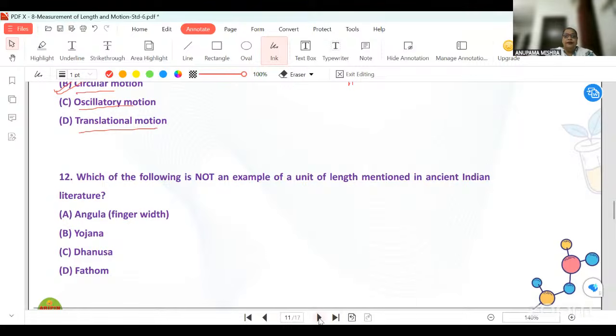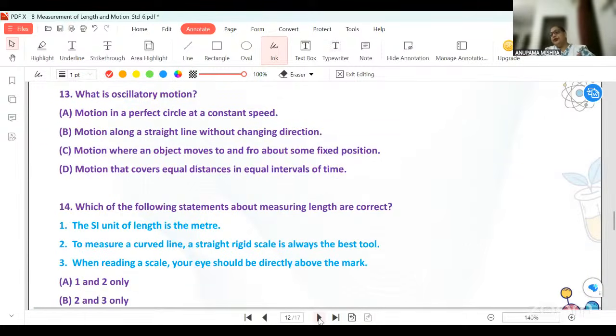Next one. What is oscillatory motion? Motion in a perfect circle at a constant speed. Motion along a straight line without changing direction. Motion where an object moves to and fro about some fixed position. Motion that covers equal distances in equal intervals of time.